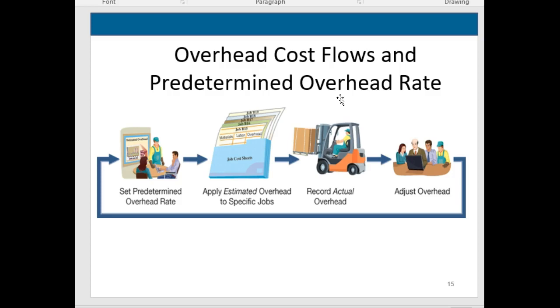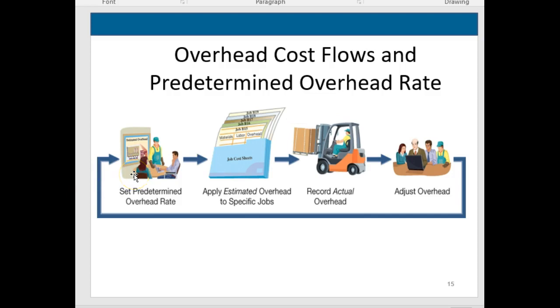So to remember, financial accounting 101 looks at expenses in the past, and managerial accounting looks at expenses into the future. So what we're going to do is learn how to set a predetermined overhead rate to apply to the job that's being done so we can add these costs as it moves along.